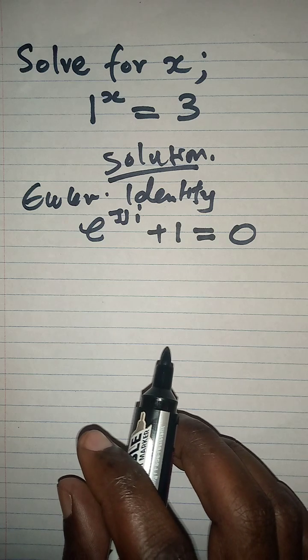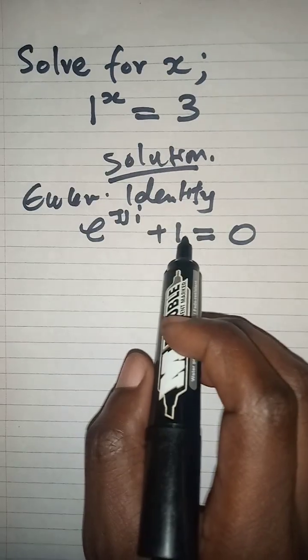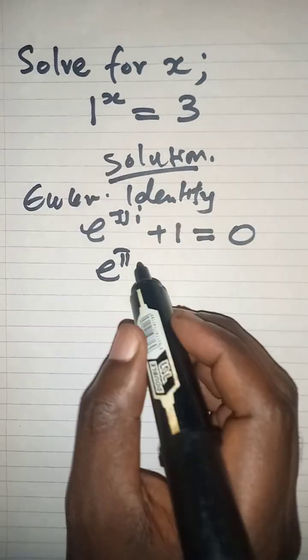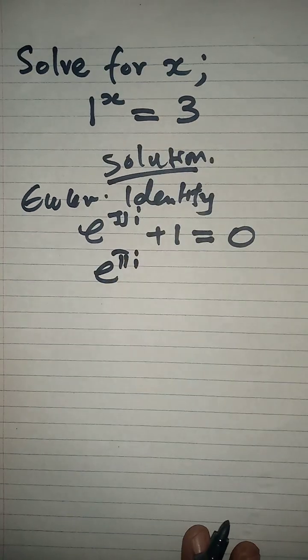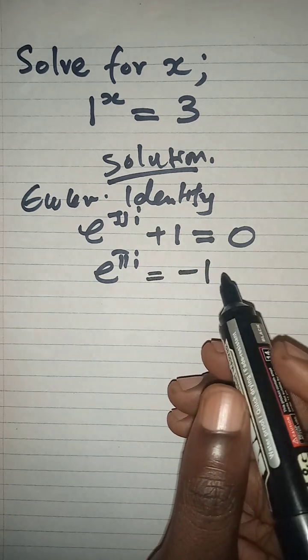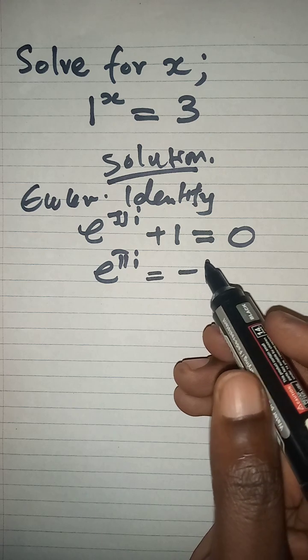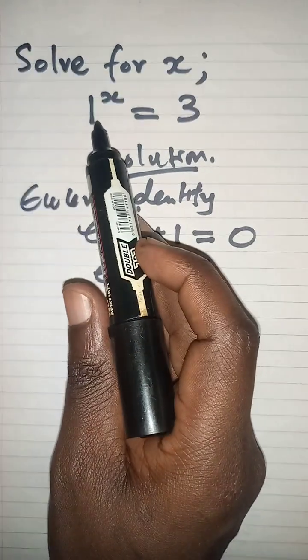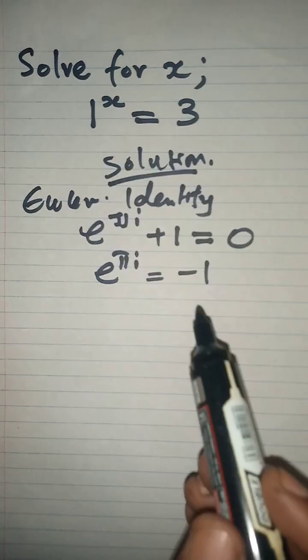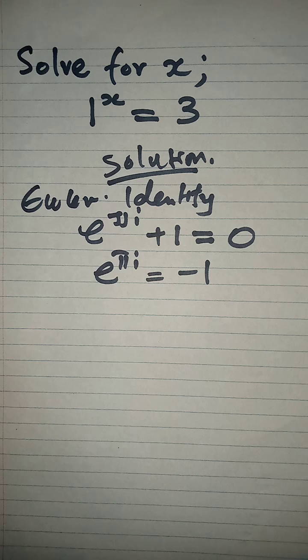In the next stage, I'm going to take this positive 1 to the other side, so that I have negative 1. You realize here my 1 is positive, but at this stage my 1 is negative, so I'm going to make it positive by multiplying by a square function.